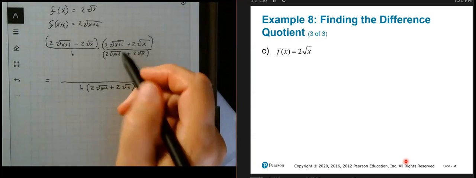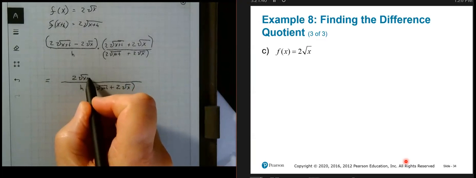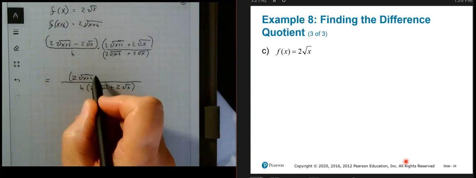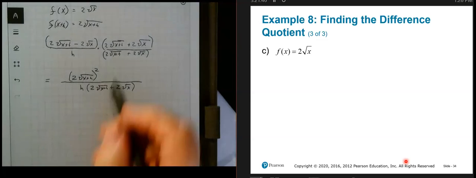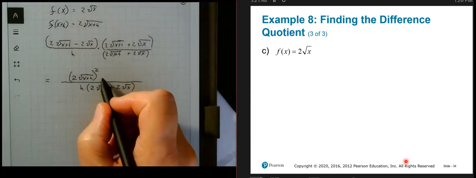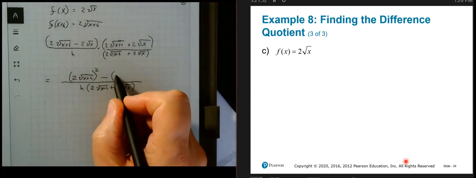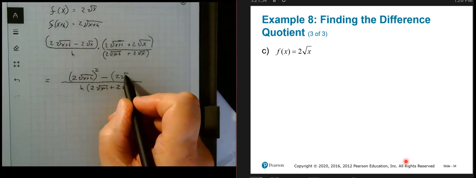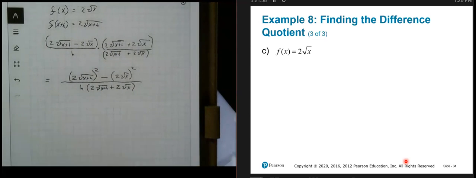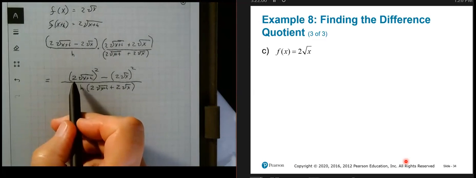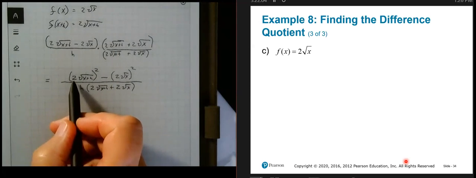Now in the numerator, I'm going to have the 2 square roots of x plus h squared, because I'm going to square the first term, and I'm going to subtract the square of the second term, the 2 square roots of x squared. Since this 2 is inside the parentheses with the square root, I'm going to square that 2 as well.